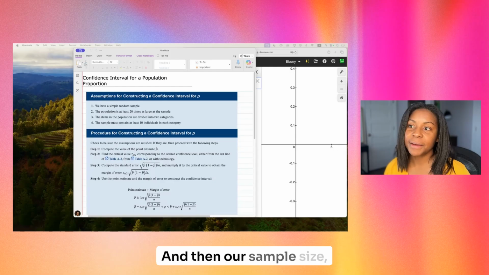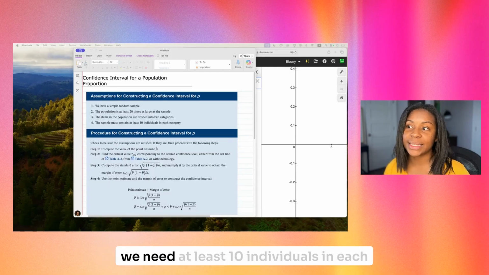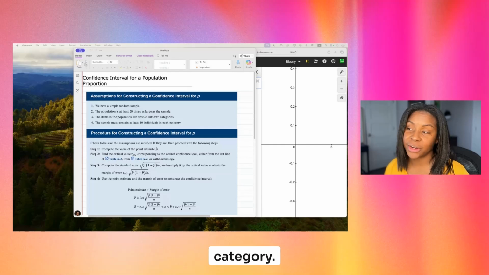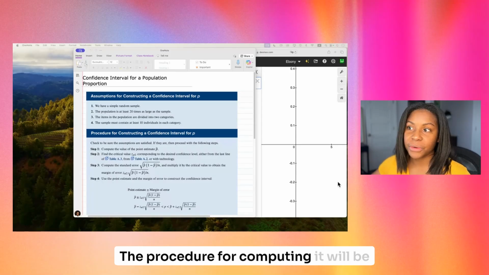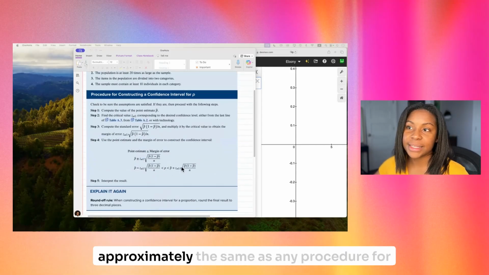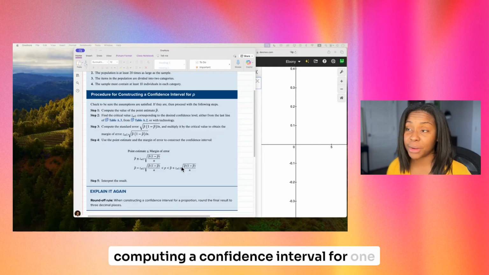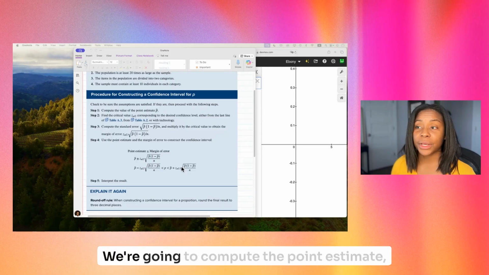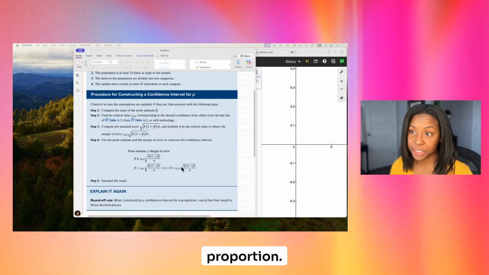And then our sample size really needs to be at least 20 items because we need at least 10 individuals in each category. The procedure for computing it will be approximately the same as any procedure for computing a confidence interval for one population. We're going to compute the point estimate, which is going to be the sample proportion.